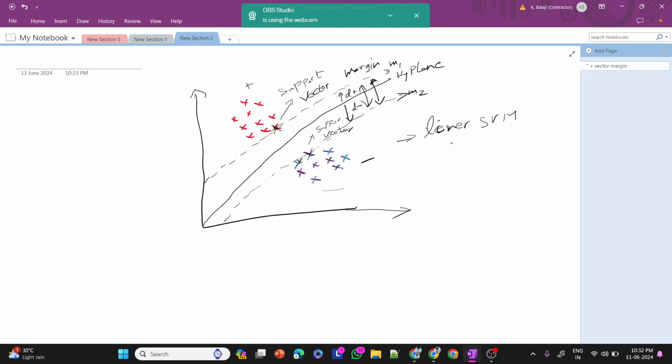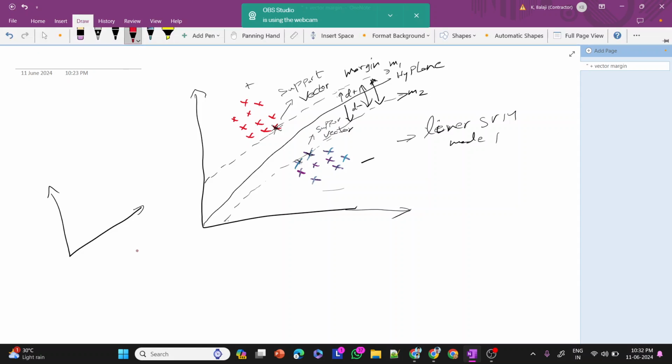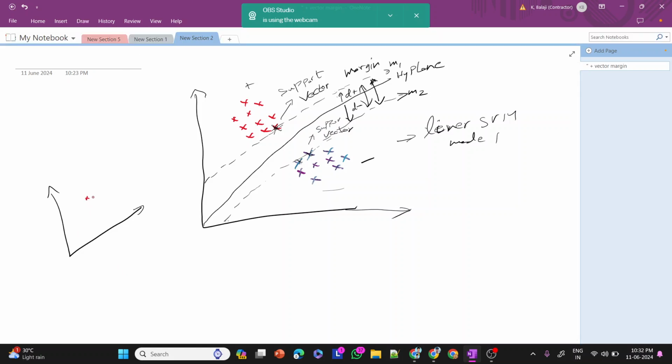Let's take another example. For example, there are two groups which are in this form.